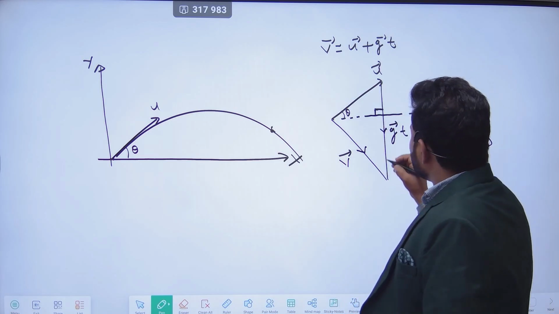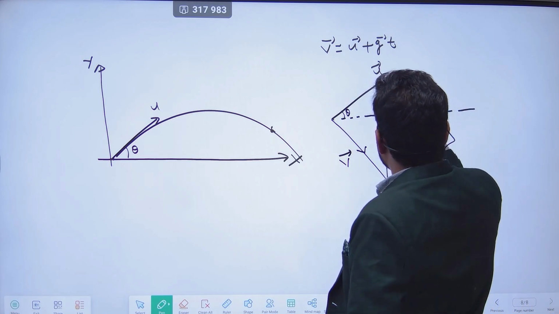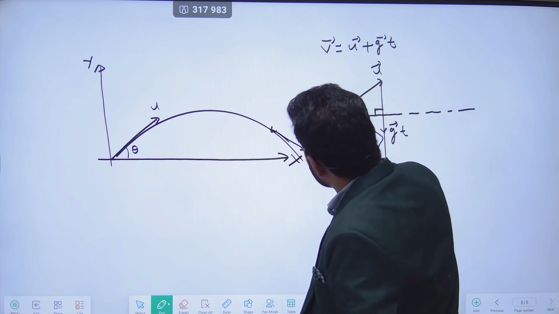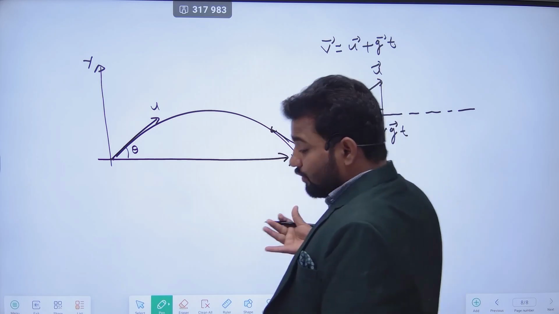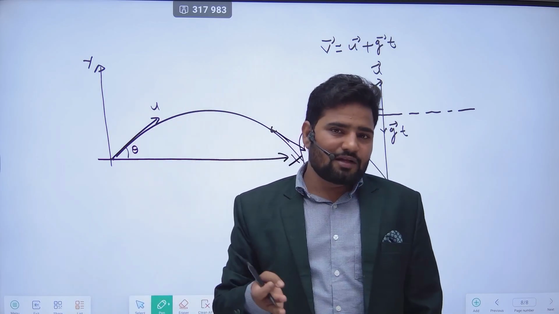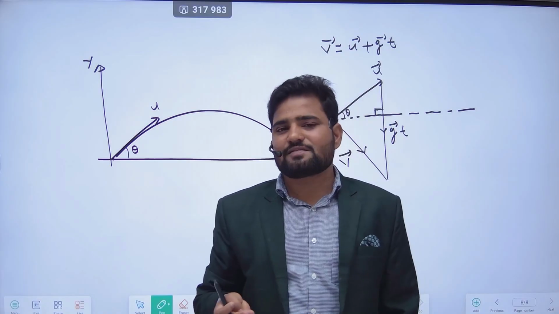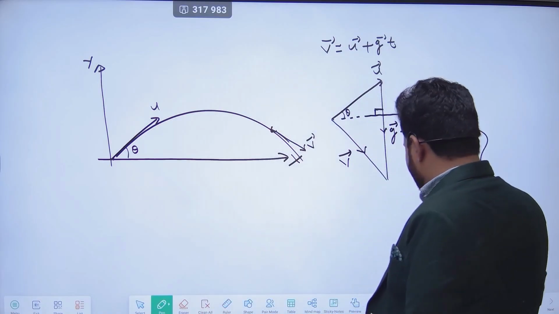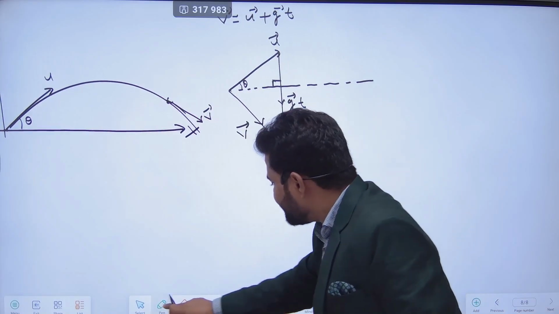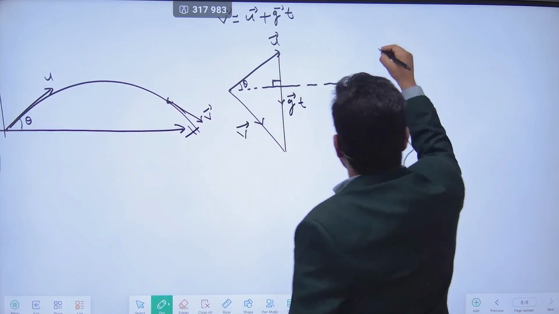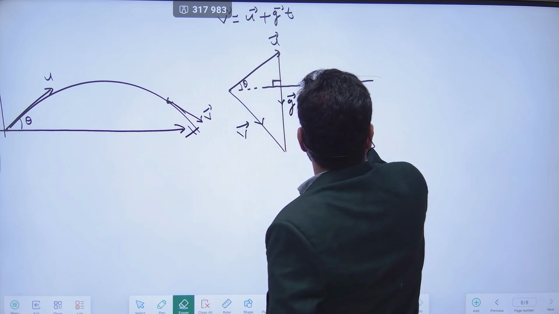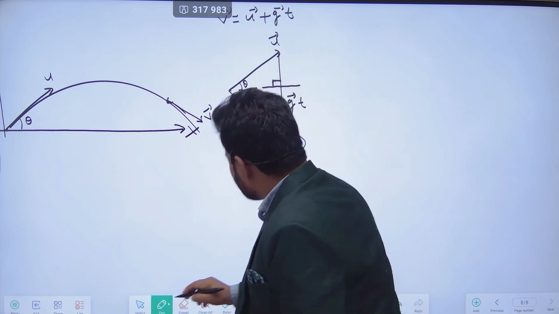So if these two velocities are perpendicular, we know very well from the vector chapter that if two vectors are perpendicular, then the dot product of these two vectors must be 0.